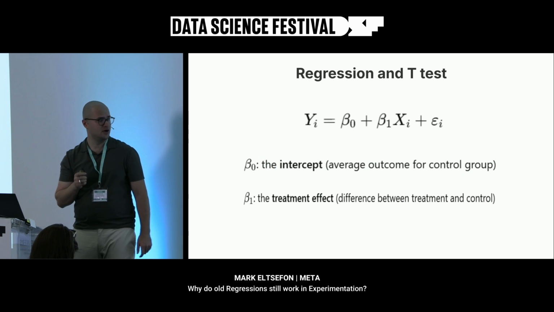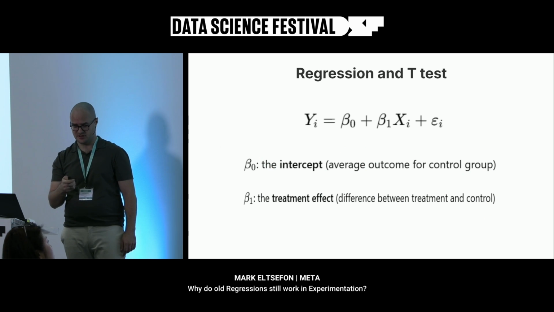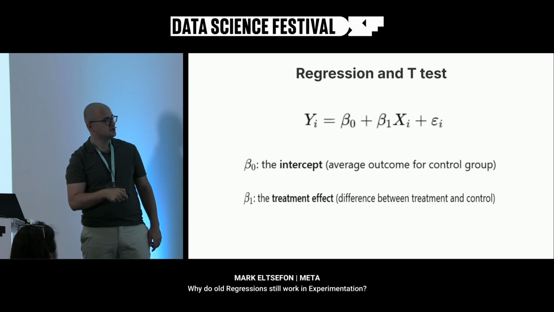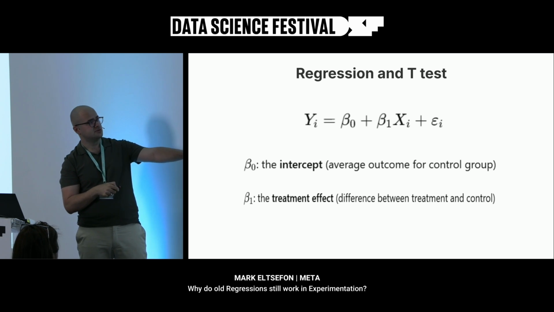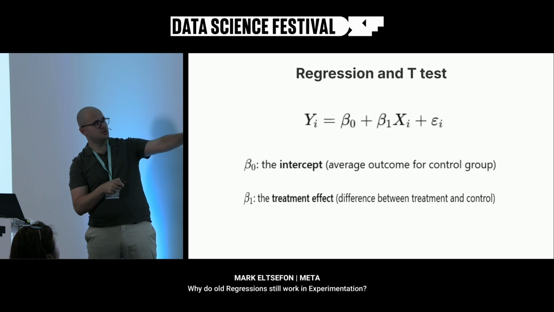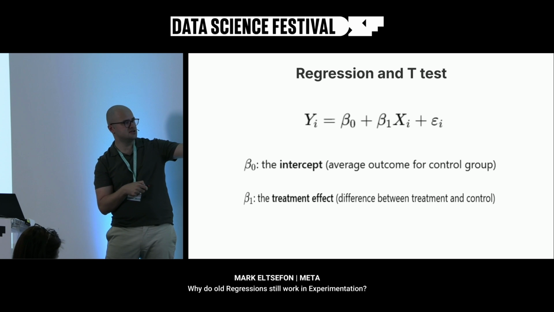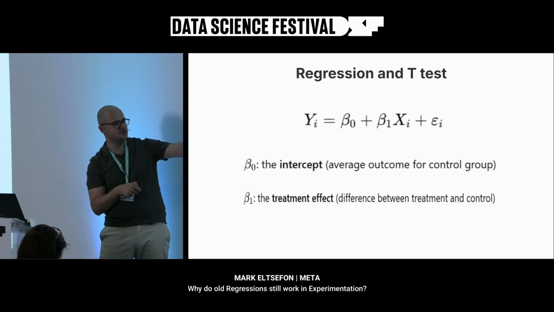Let's talk about what exactly beta 0 and beta 1, these weights, mean. Beta 0 equals our outcome only when x equals 0. It equals 0 only if it's the control group, right? So beta 0 is just the average outcome for the control group.